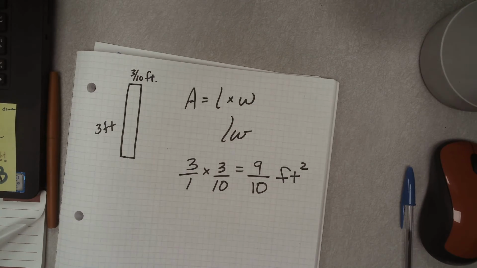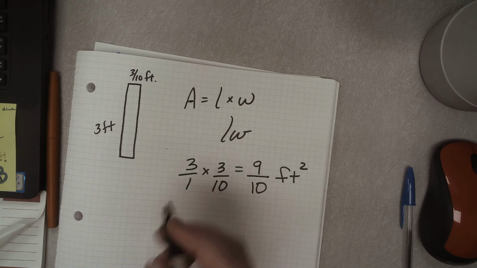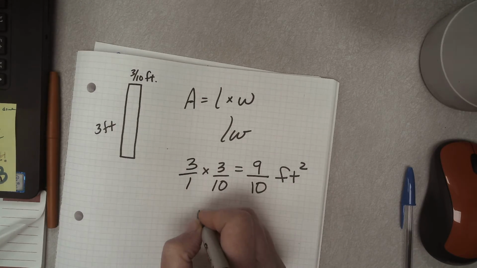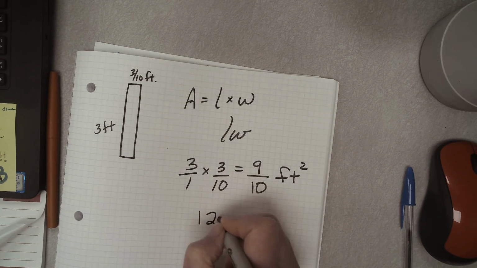All right, next problem says, write an expression for the calculation: subtract 12 doubled from 132. Subtract 12 doubled from 132. Ugh. Okay. So we have 12 doubled.